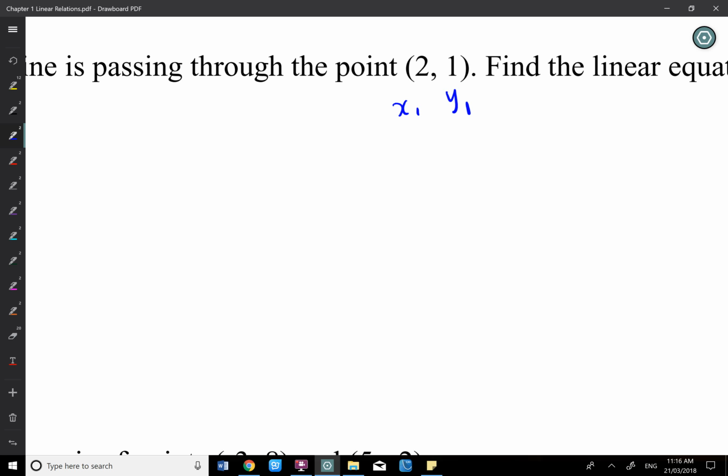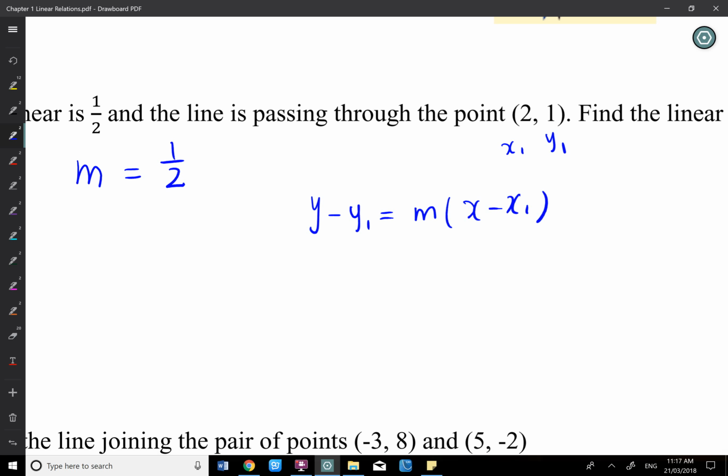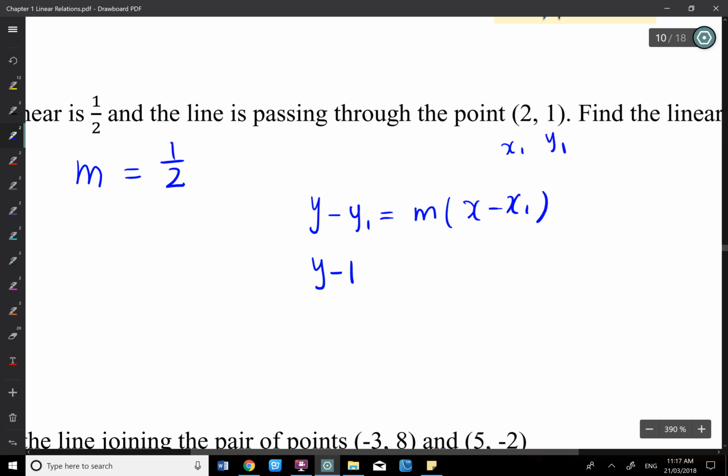So it can be any point on this linear. You know that point is on that linear. So what I will write now is, again, y minus y1 equals gradient times x minus x1. So I can substitute all the things we know now. So y minus 1 equals a half times x minus 2.